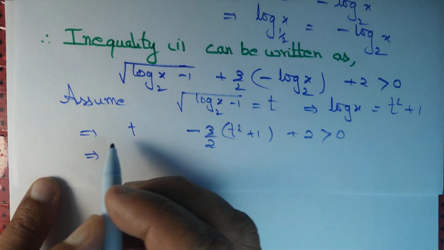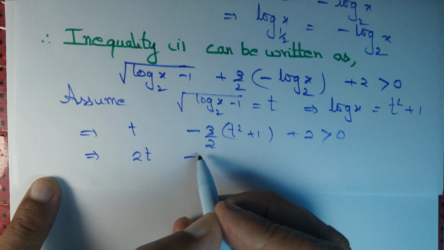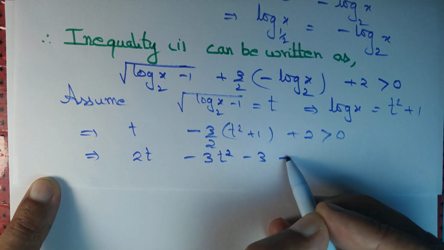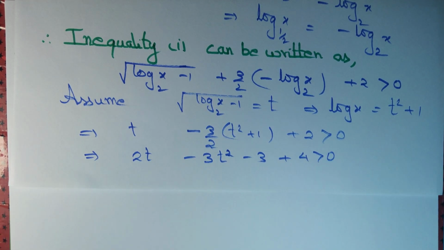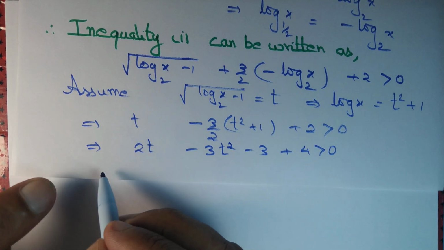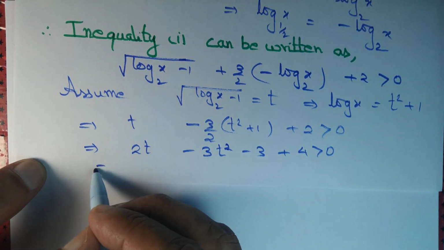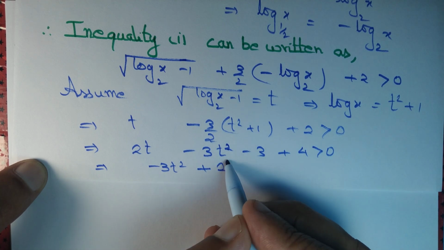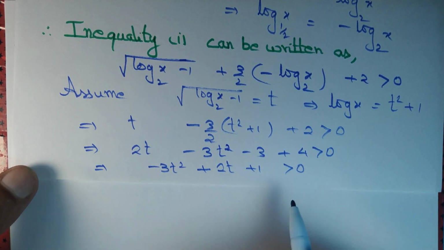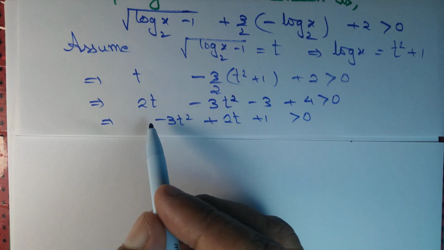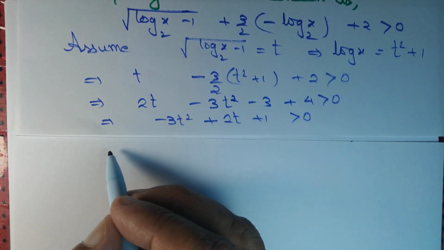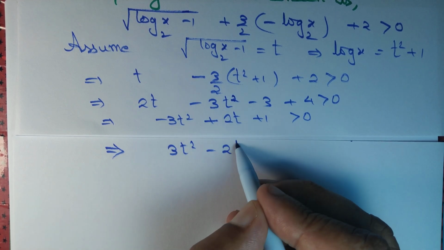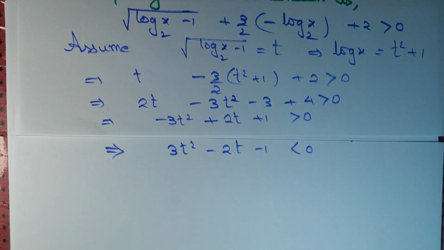If we multiply throughout by 2, we obtain 2t minus 3t square minus 3 plus 4 is greater than 0. So we simplify it further and write minus 3t square plus 2t plus 1 is greater than 0. Let's multiply this inequality by minus 1. So we obtain 3t square minus 2t minus 1 is less than 0.